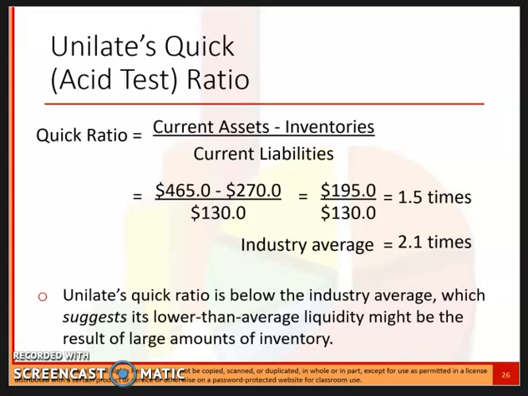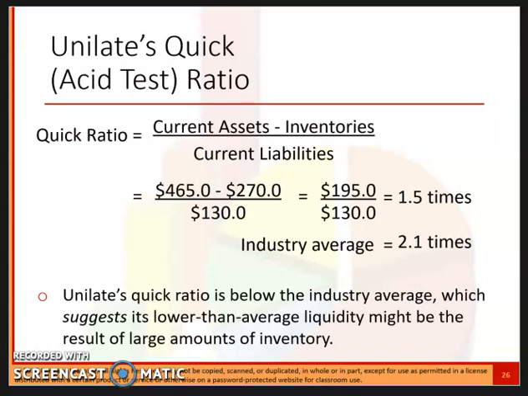I don't think they've released the 12 yet, but those iPhone 11s are probably worth a whole lot more than my iPhone 6. I looked at a trade-in recently on my iPhone 6, and Verizon offered me $10 for that. So anyway, inventories aren't necessarily always liquid.